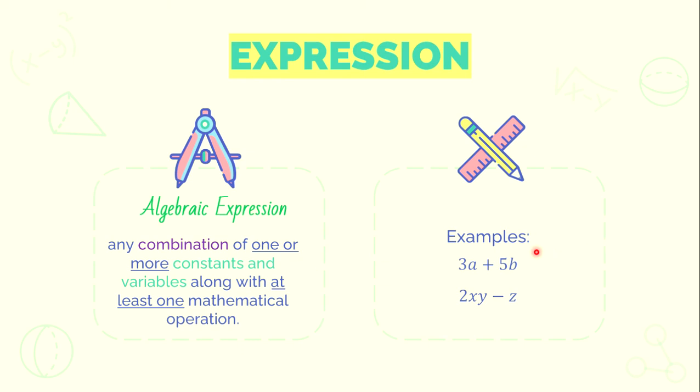For instance, 3a plus 5b and 2xy minus z. If we combine a constant and a variable, the operation is multiplication. Please remember that. We do not need to put the multiplication symbol since we have the number and the letter, we can combine them. It's automatic that it pertains to multiplication.